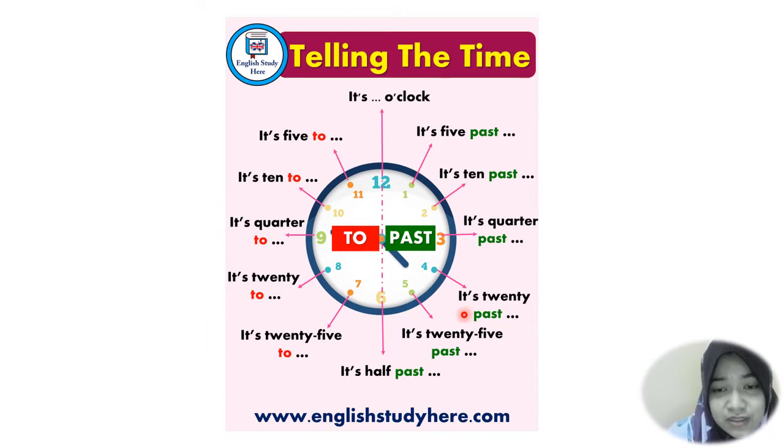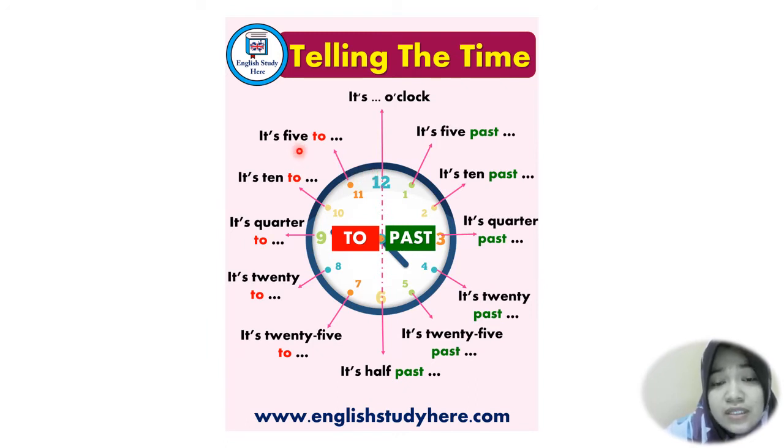Never mind, if you are confused, tak apa. Nanti kita tengok lagi contoh sebelah sini. Next part of the clock is to. To maksud dia dekat sini sebelah kiri ni, the red one, means dia nak sampai ke pukul berapa. For example, it's 5 to 12.